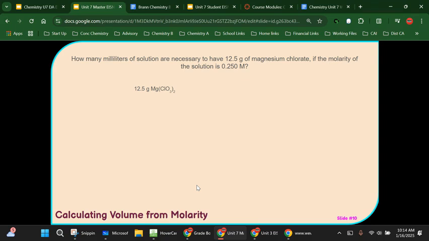Which one do I have? Read the problem and tell me which one I have. The molarity, so on the left. Okay, so what number goes here? 0.250. What goes here? The liters. Liters. Okay? Now, we solve it.